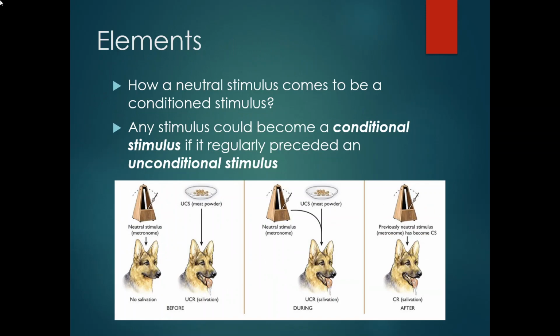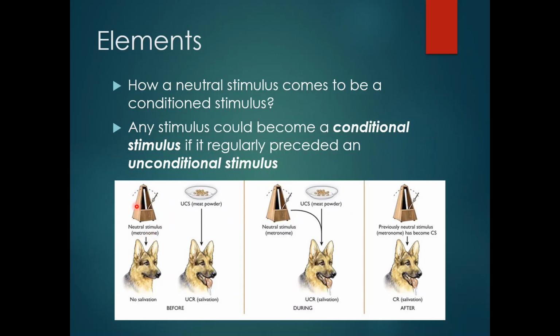So you might be wondering how exactly a neutral stimulus comes to be a conditioned stimulus. How does that happen? What are the requirements for something to become a conditioned stimulus? And what I want to point out here is that any stimulus could become a conditioned stimulus if and only if it regularly precedes an unconditional stimulus. So really the only requirement is that it's paired with that unconditioned stimulus.